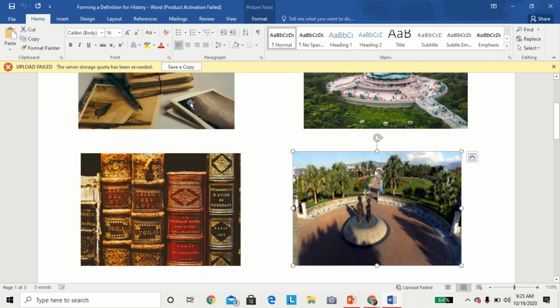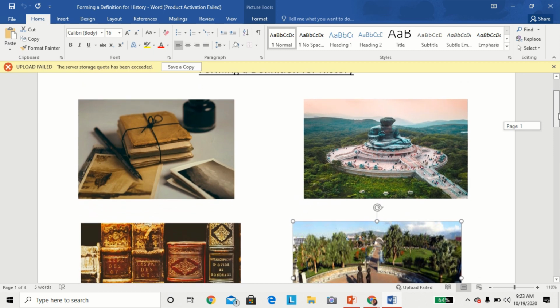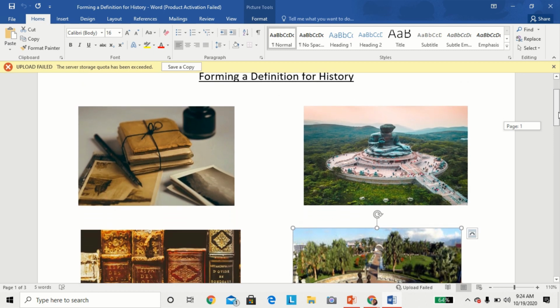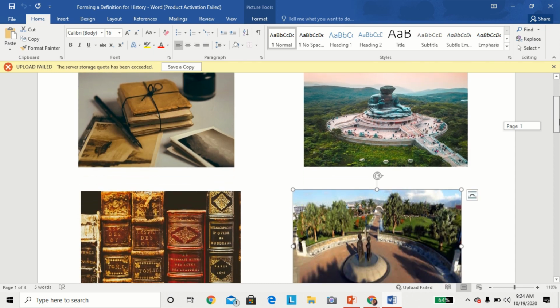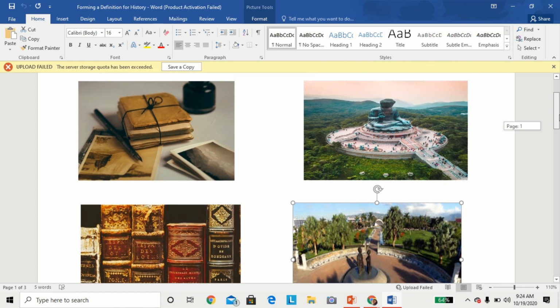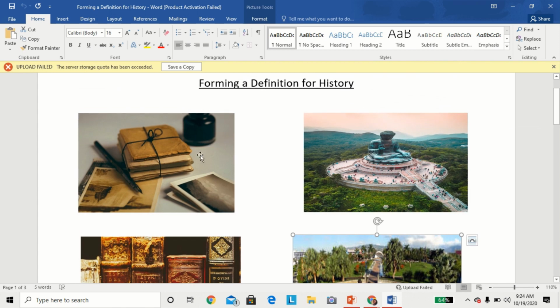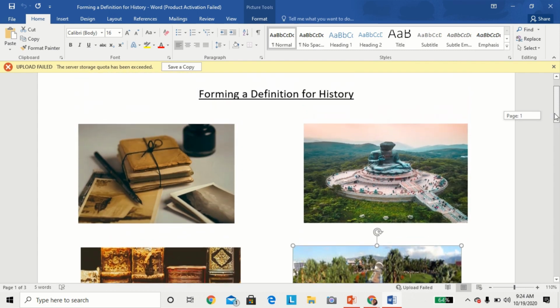We are here looking at a definition for history. We are trying to formulate a definition for history by actually looking at a few of the sources that historians use in order to reconstruct the past. Here we have letters, monuments, and also books.